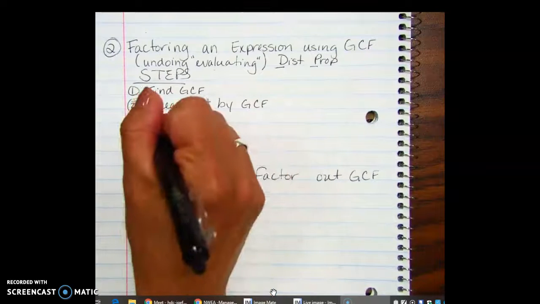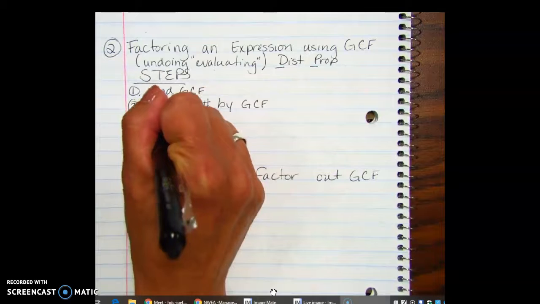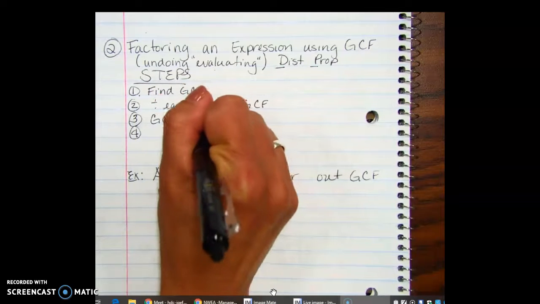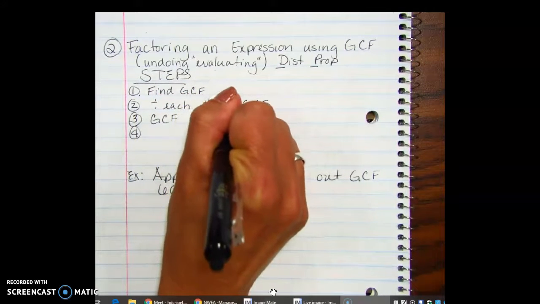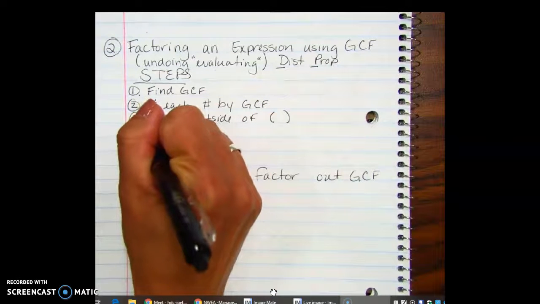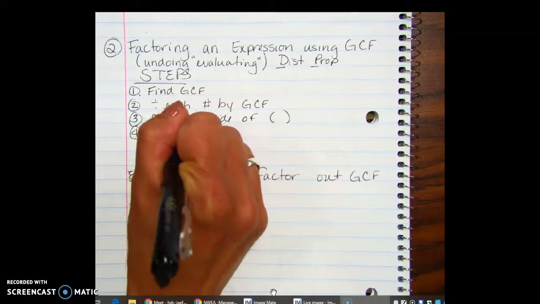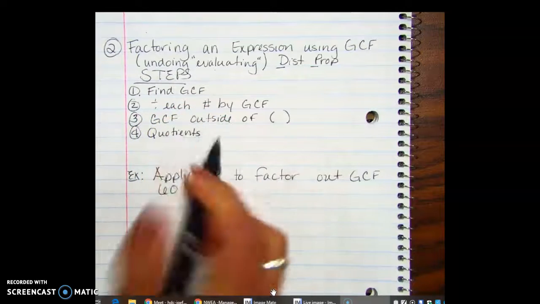Step 3 is to put your GCF outside of parentheses. And step 4 is to place your quotients. Where did I get my quotients?